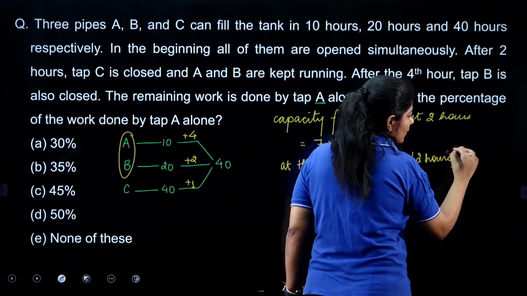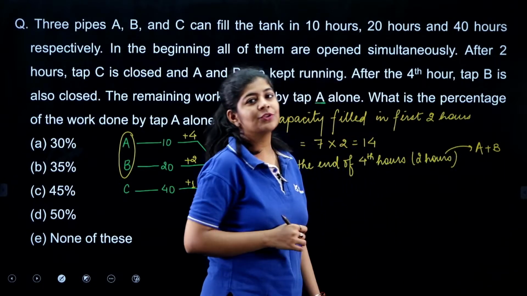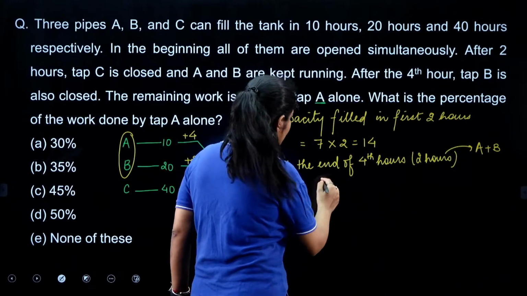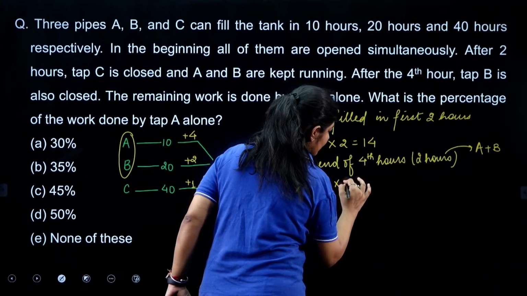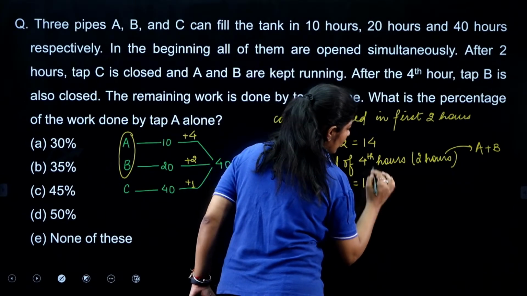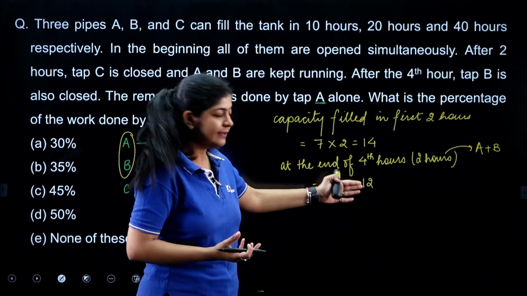In these 2 hours, only A and B are working together. So how much quantity did they fill? This is 4 plus 2, that is 6, 6 into 2, that means they also filled 12 units of water or whatever liquid in the cistern.